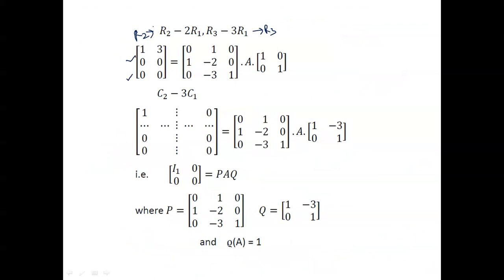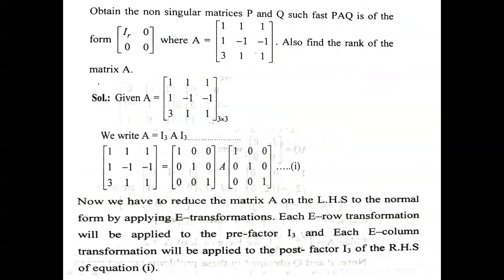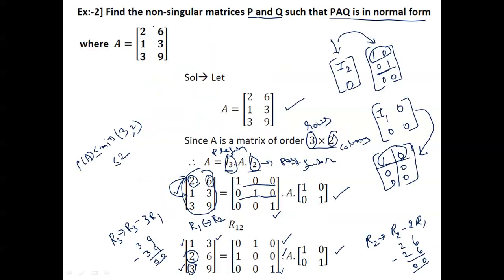Now the same operations are applied on the prefactor of A. So this is 0 1 0, and the elements are still the same because we apply the row operations only on R2 and R3. So 1 0 0.